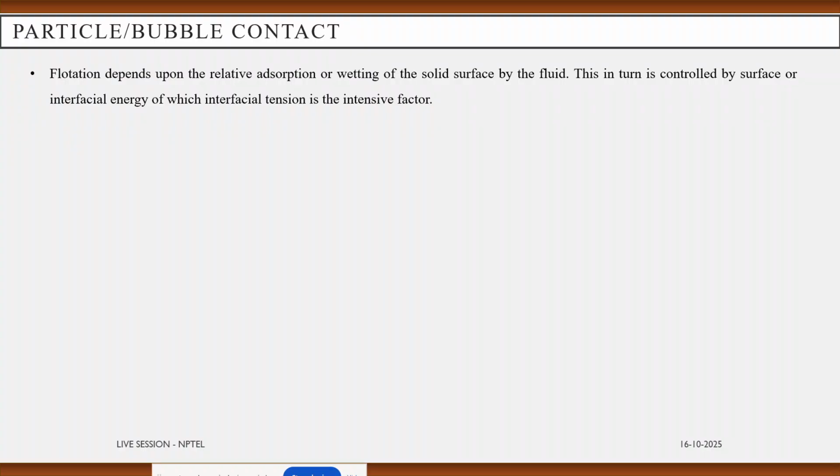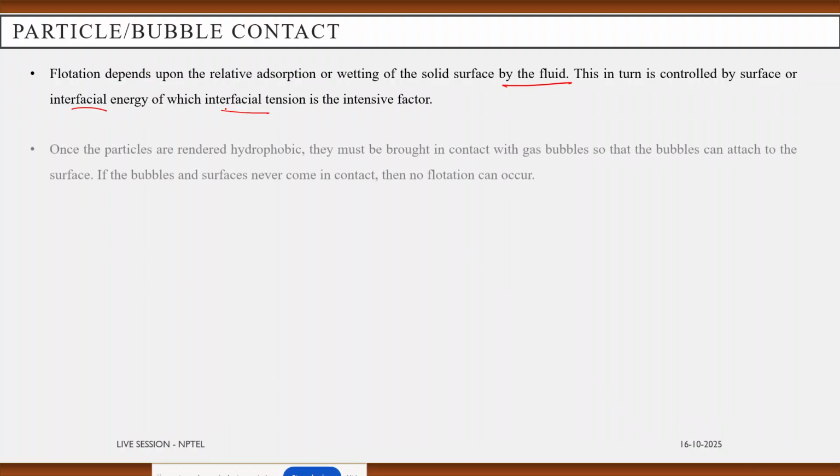So here, in the flotation that we have talked about, the particles should be hydrophobic in nature, and flotation depends on the relative adsorption or wetting of the solid surface by the fluid. This in turn is controlled by the surface or interfacial energy, of which the interfacial tension is the intensive factor.